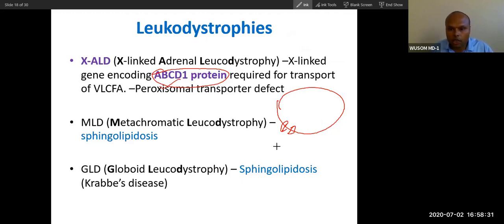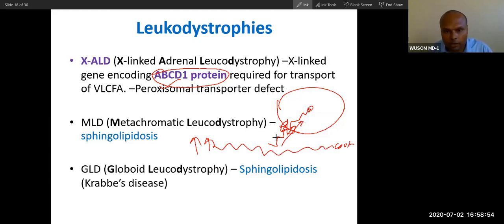Actually, this is responsible for transport of very long chain fatty acids into the peroxisome. Now, this protein is coded on the X chromosome. If this protein is absent, the very long chain fatty acids will be very high in the blood. And because of accumulation of very long chain fatty acids, this will cause adrenal dystrophy.